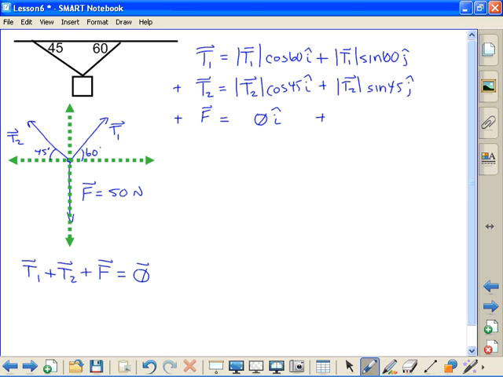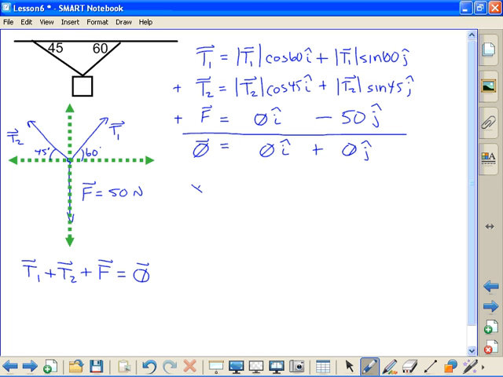And negative, so I should have subtraction because it's going down, minus 50j. And when I add that up, I know it's going to add up to my zero vector, so 0i plus 0j. So my unknowns are up above.